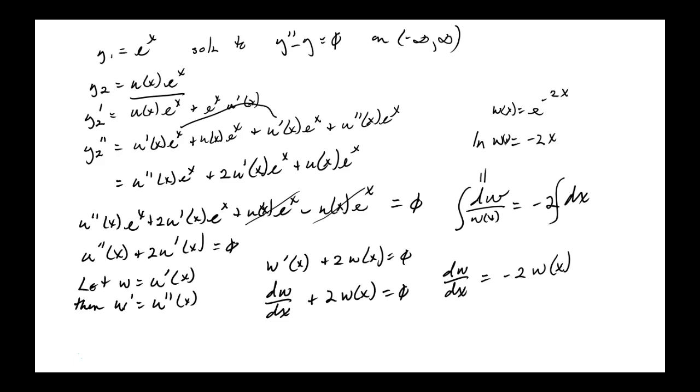Are we going to go back and say, yeah. Okay. That's what your W is, which is what your U prime is. So, du dx is equal to e to the minus 2x, right?